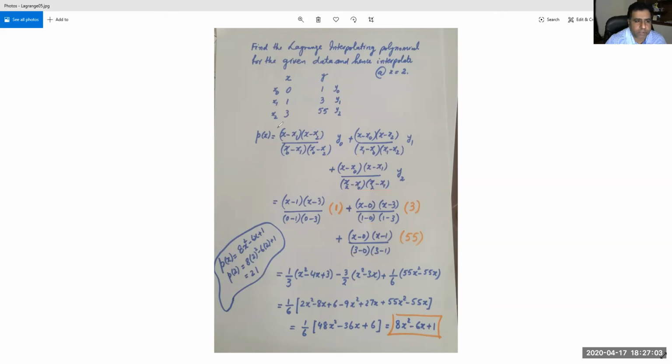In your lab, you will see there will be a built-in command to compute this multiplication, x minus x1, x minus x2, up to so and so forth. This will be denoted by some vector phi, x minus xk, for example, divided by xi minus xk, and this k runs from 0 to n, and k is not equals to i.